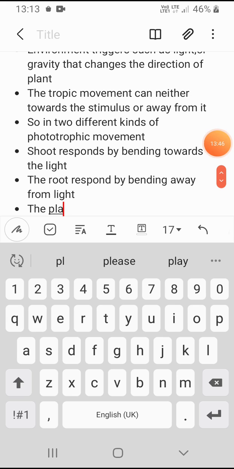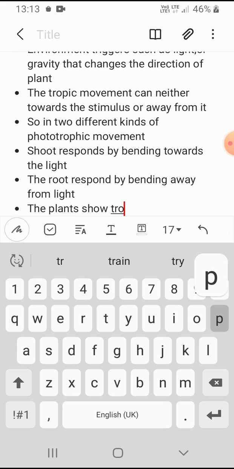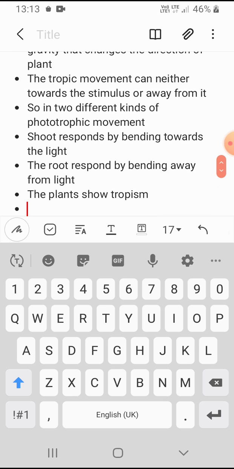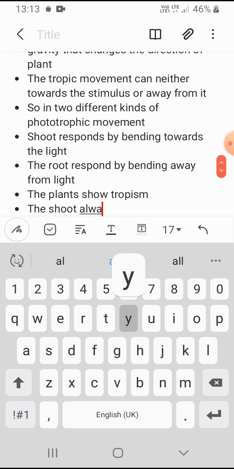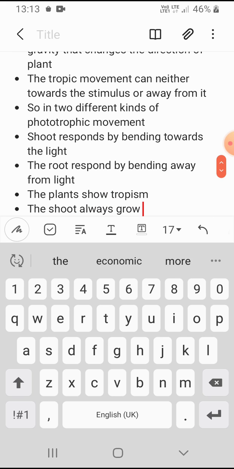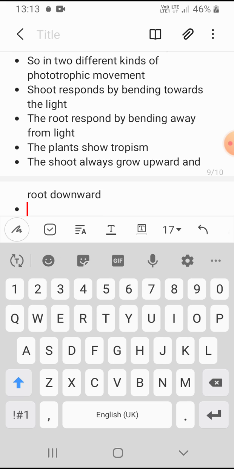The plants show tropism. The shoot always grows upward and the root grows downward, as you may have seen.